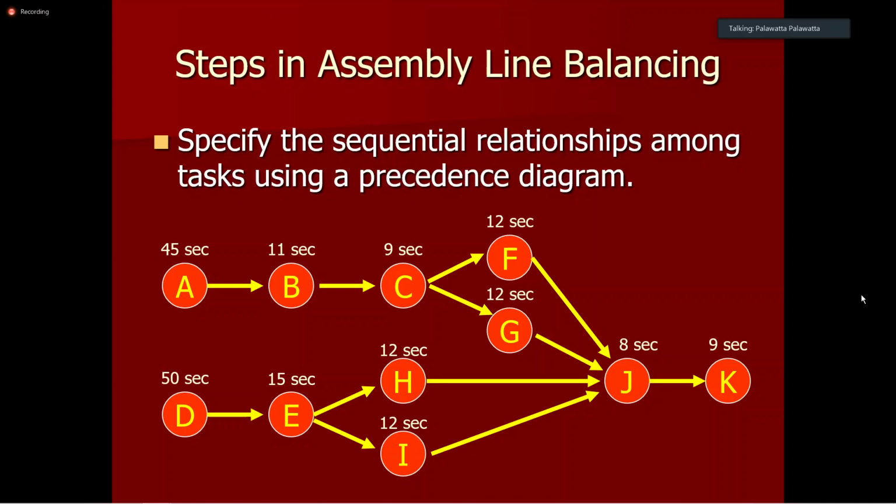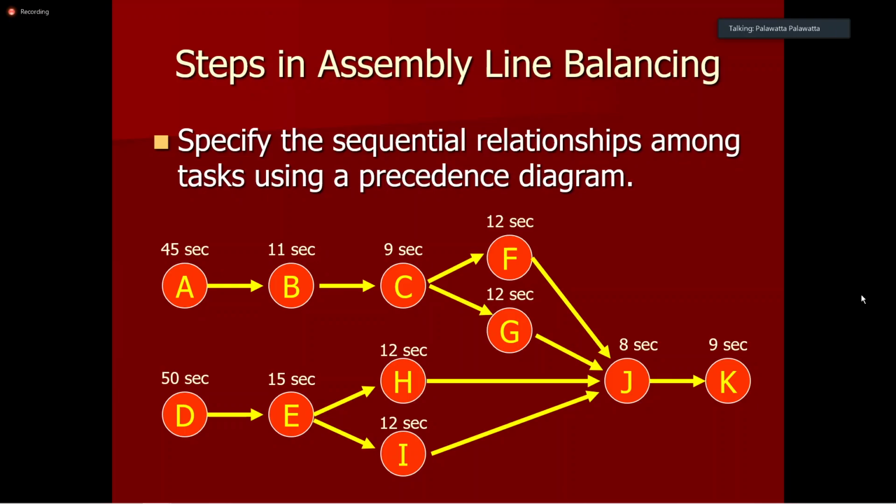On the other hand, the other starting task, D, has following tasks E, H, I, J, K, that is 5. So in the priority rule, the task with the most following tasks, the priority is given to A.